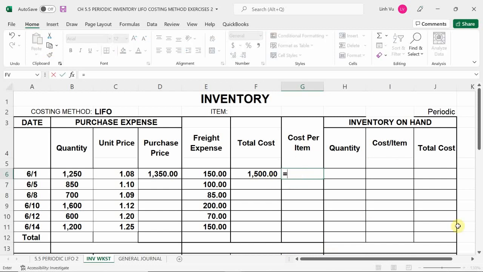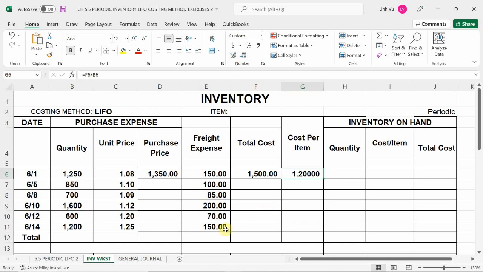So in this case, I'm going to take my total cost of 1,500 and divide it by my total quantity of 1,250. So what is my cost per item? For that shipment, it's $1.20. Okay, $1.20. Now in this case, is this an even $1.20? In this case, yes, it is.